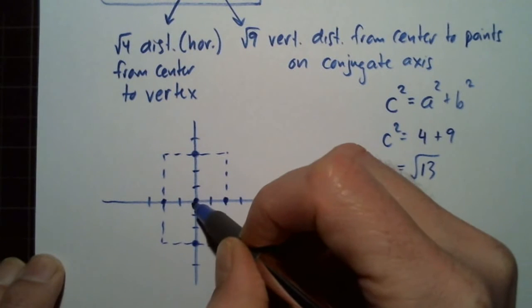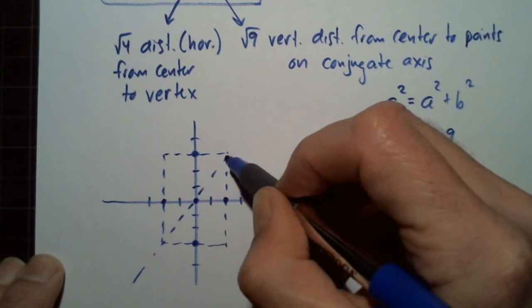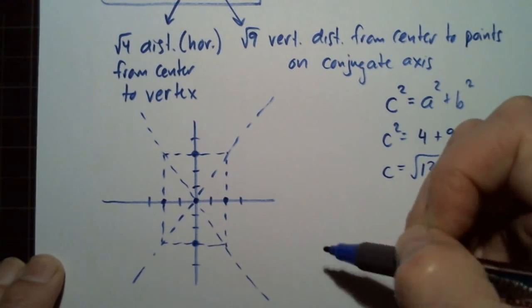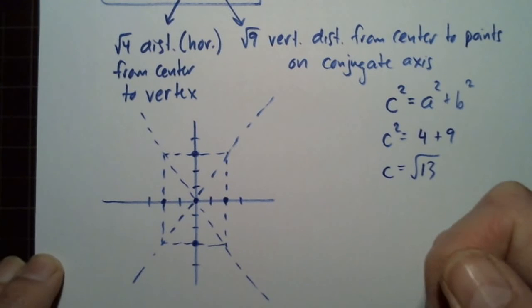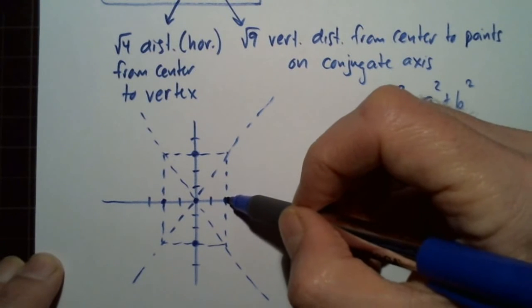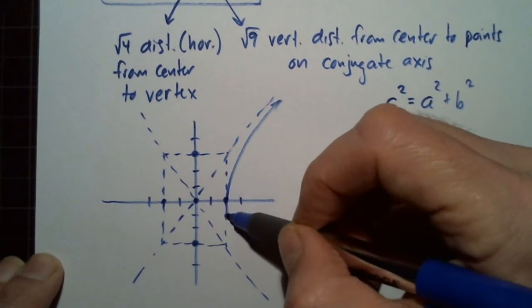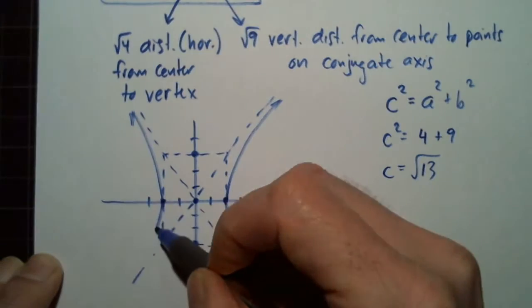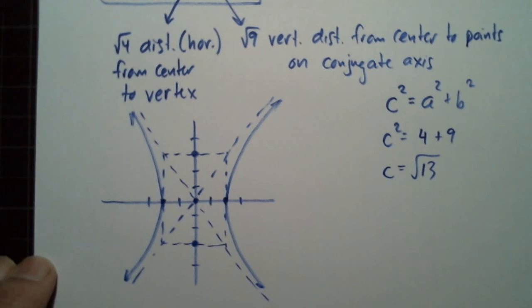Before we do that, this is an easy way to draw the asymptotes. And so at this point all the hard work is done, and then we just have to draw the hyperbola approaching the asymptotes.